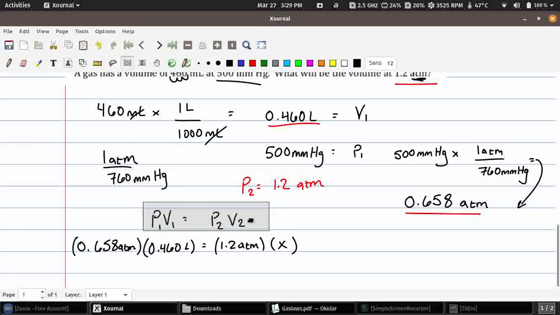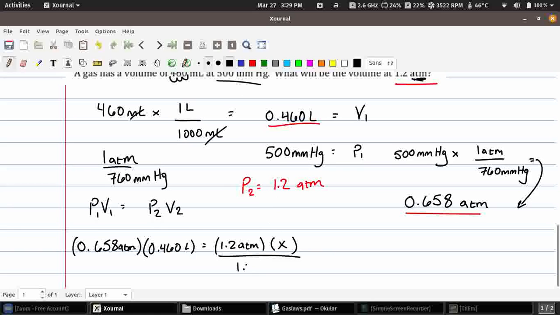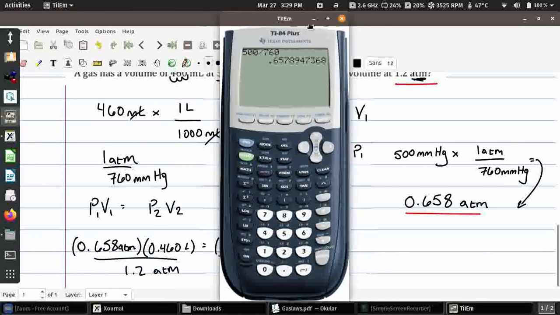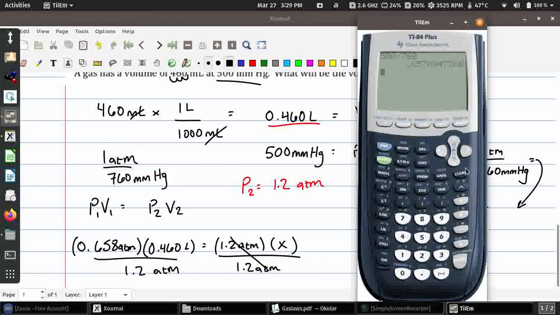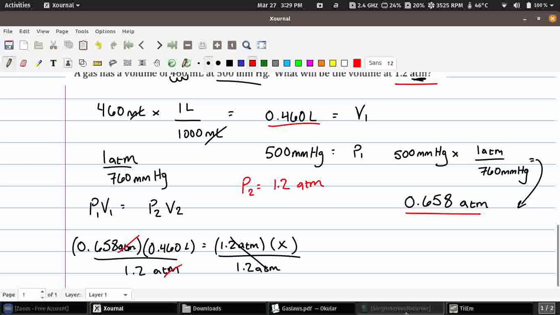So pretty much all of this is going to be basic algebra. So divide by 1.2 atmospheres. To plug this into the calculator, you're going to need parentheses first off. 0.658 times 0.460 divided by 1.2. And this is going to be equal to liters because these atmospheres right here cancel.